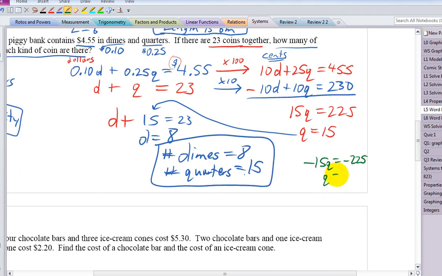You would still get a positive number of quarters. It would be impossible for you to get negative 15 quarters. Yeah, unless you owed someone money. And that's weird, and really, it wouldn't make sense in the question. So watch out for that. Go back and check your work.